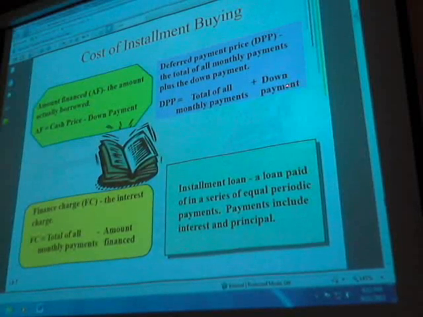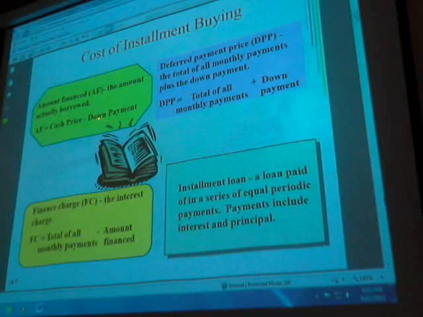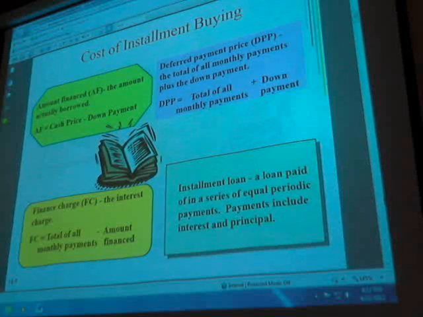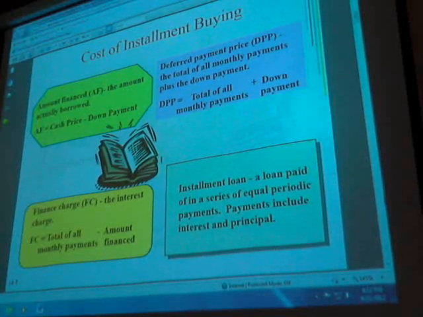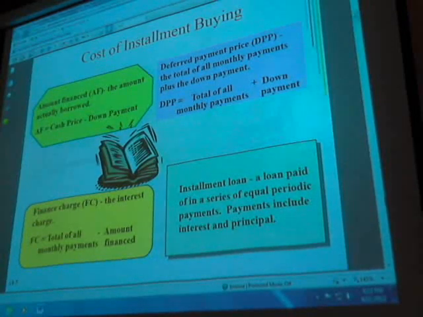And all you do is add the down payment that you made back in the beginning when you first made the purchase. You just add it back in. And that is the true cost of that purchase. Does that make sense?